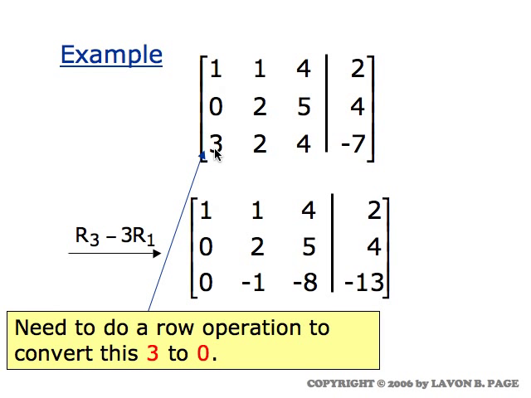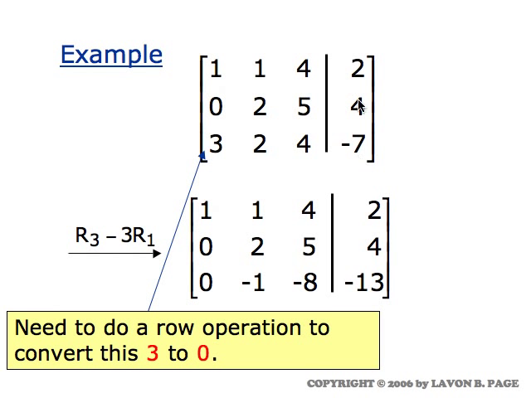And we accomplish that by doing row 3 minus 3 times row 1, producing a new row 3. Let's see why that works. Row 3 minus 3 row 1 will give us a new row 3, which is 3 minus 3 times 1. 3 minus 3 is 0. 2 minus 3 times 1 is minus 1. 4 minus 3 times 4. 4 minus 12 is minus 8.